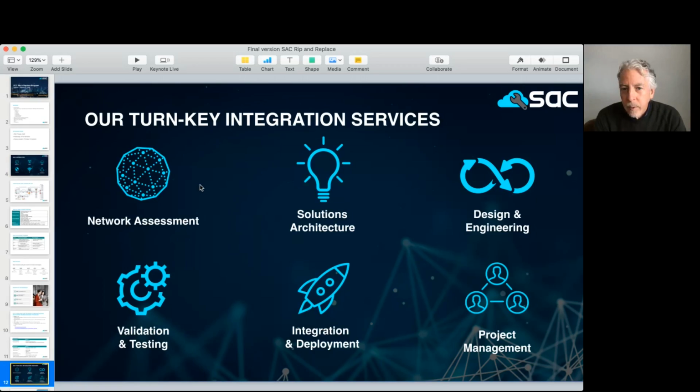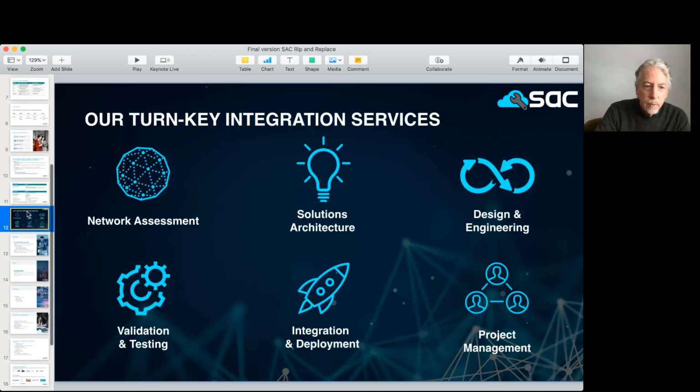We want to make sure that anything that's put in is future proof and ready for your 5G plans, whatever those are. We'll discover that in our network assessment, learn about your business, your goals, aspirations, and bake that into the solutions architecture and the design and engineering that we do. We validate and test and deploy the system with you, or make sure your teams are where they need to be through project management, et cetera. You'll see some more detail, but this is the high level of what we do.